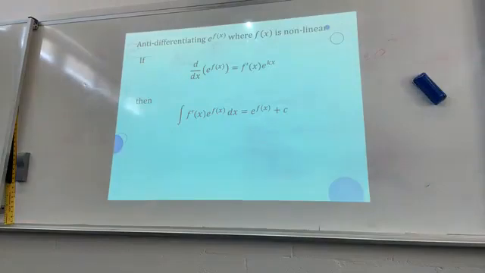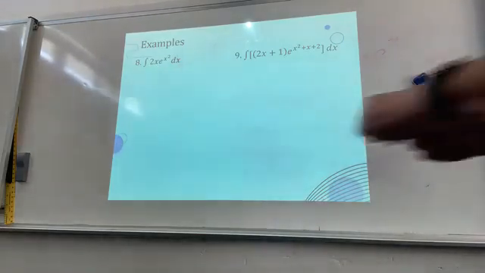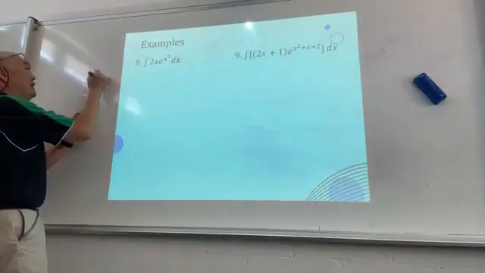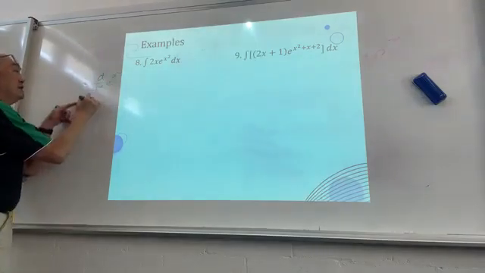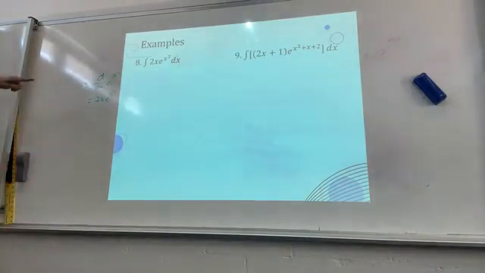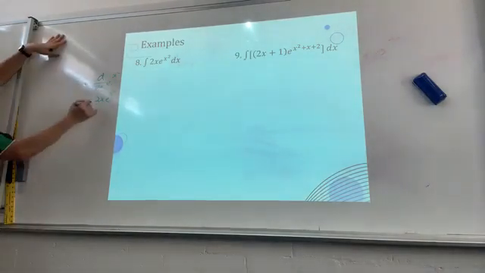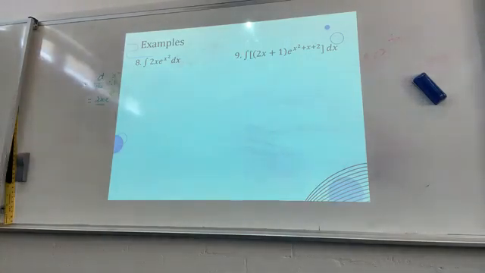So let's try this. Looking at example number 8. You know that d/dx of e to the power of x squared is actually 2x e to the power of x squared. Correct? So if you integrate that, it will give you back e to the power of x squared, correct?